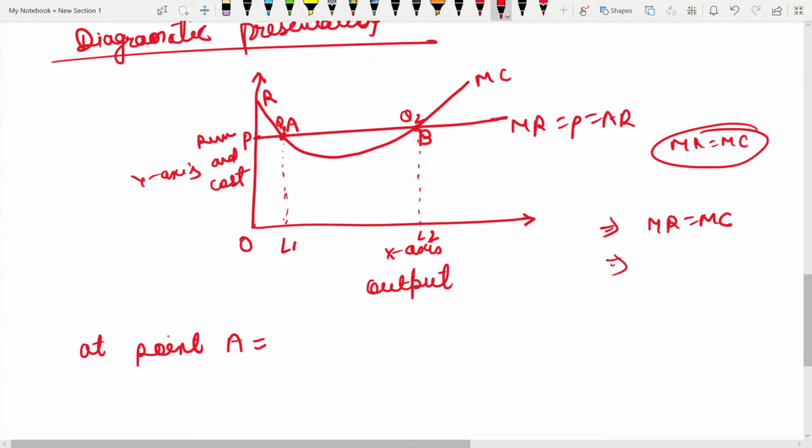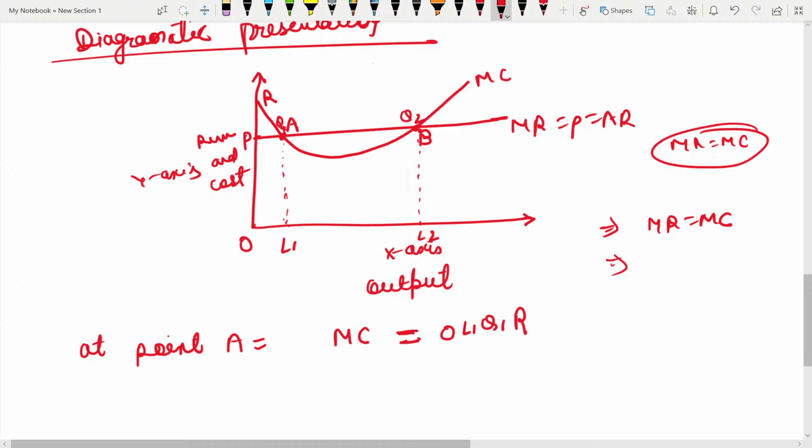We will talk. If we talk about the marginal cost, what is the portion of marginal cost? O L1 Q1 R. This is the portion of MC.